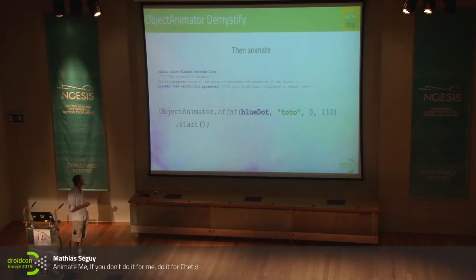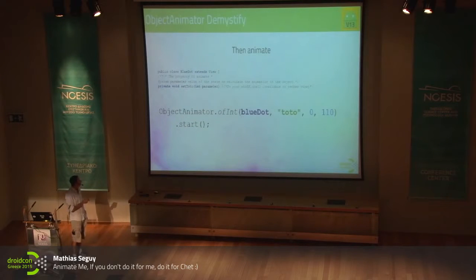Then when I instantiate my view, I just have to say ObjectAnimator.ofInt, because it's int here, of blueDot, an instance of the BlueDot class. I want to animate the property toto because I have the setToto method, and I want to animate it from 0 to 110.